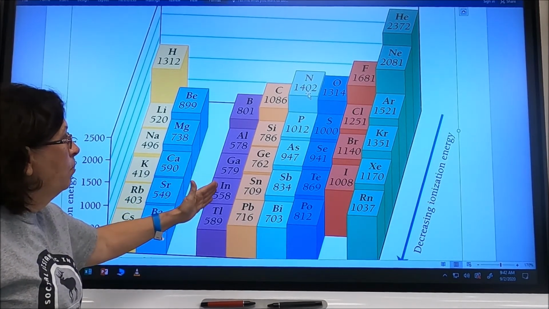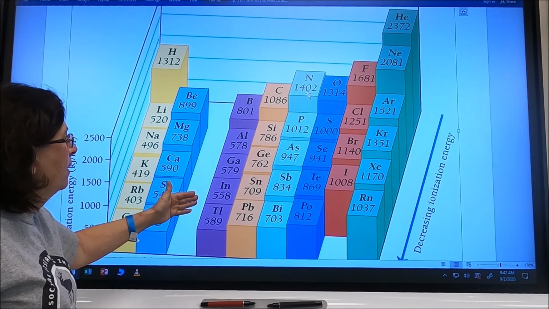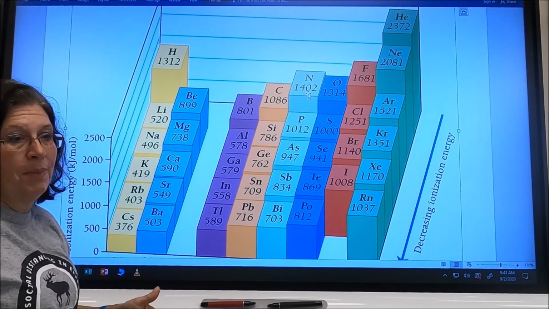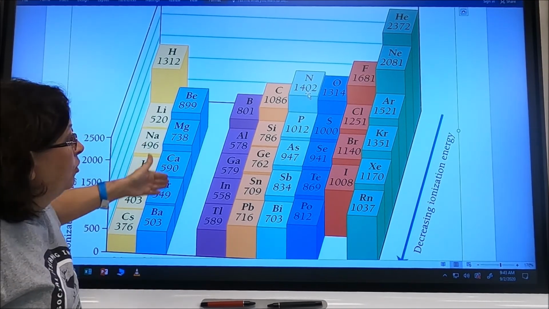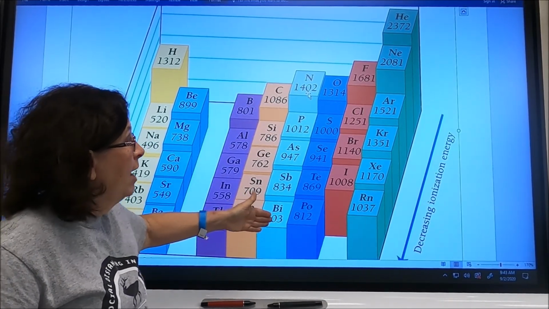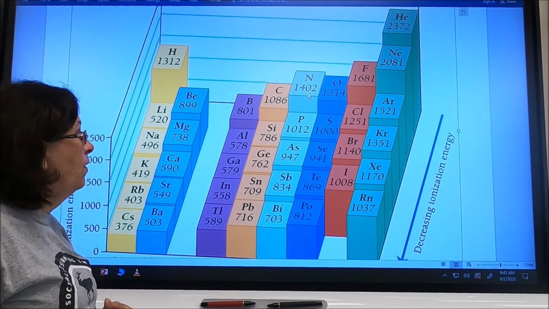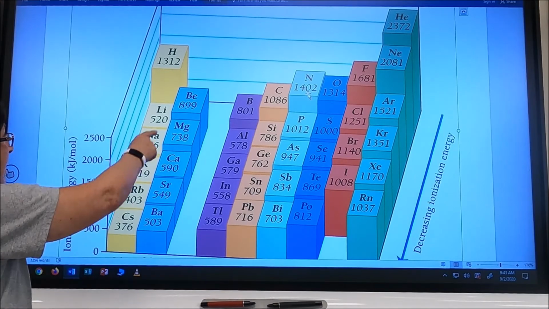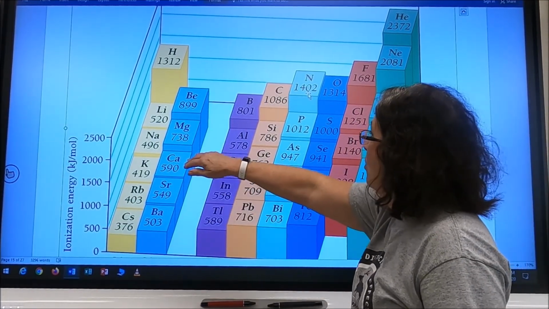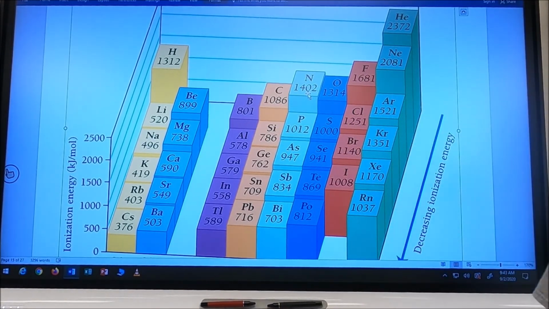When I move over to boron, aluminum, gallium, indium, we see this drop because we've opened up the p subshell. Full subshells are very stable. Half-filled subshells are stable. Anything in between is less stable, and it's easier to remove electrons from. So we see a decrease as we go down a family, and a general increase in ionization energy as we go from left to right.